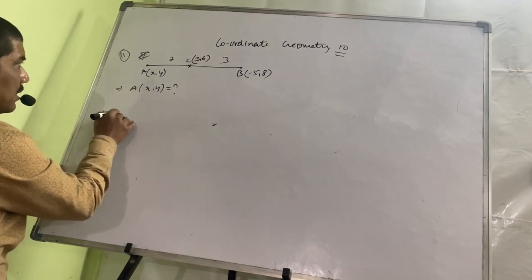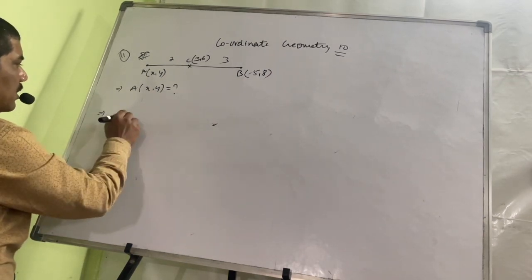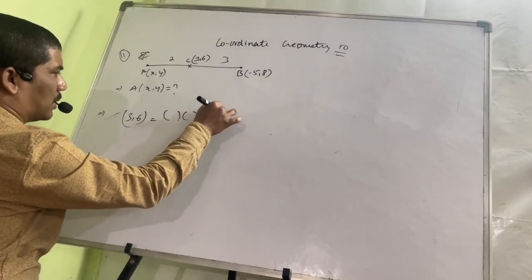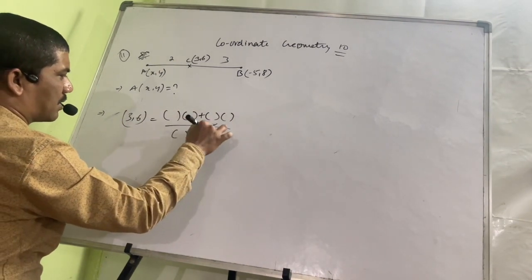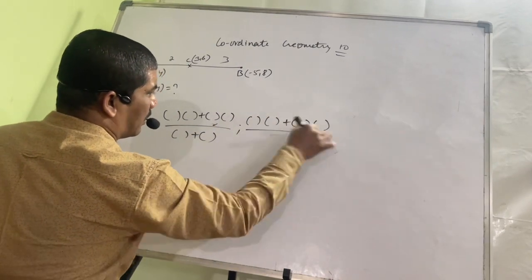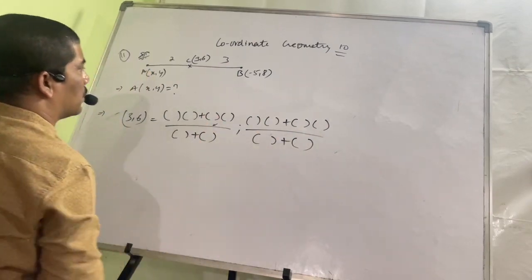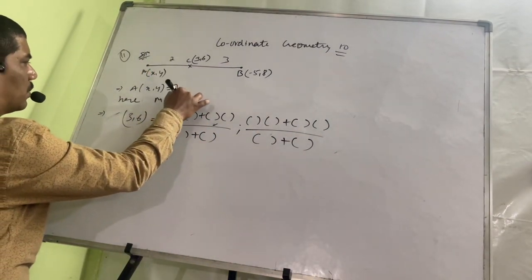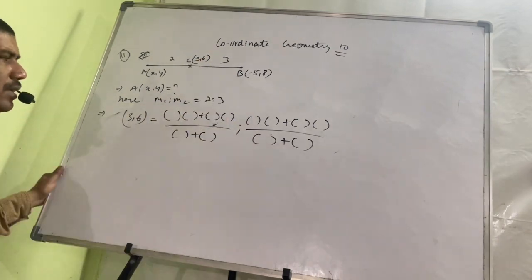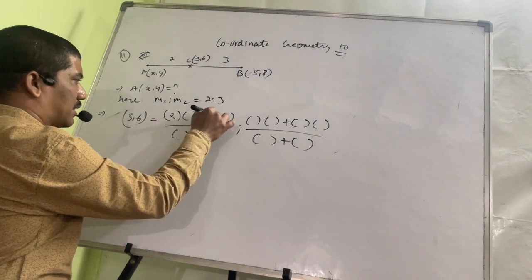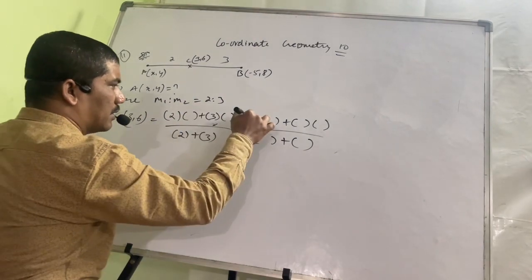Now see, here what should come? 3 comma 6 is equal to m1 x2 plus m2 x1 by m1 plus m2, m1 y2 plus m2 y1 by m1 plus m2, right? So here m1 is to m2 how much? 2:3, right? So m1 is 2, m2 is 3.